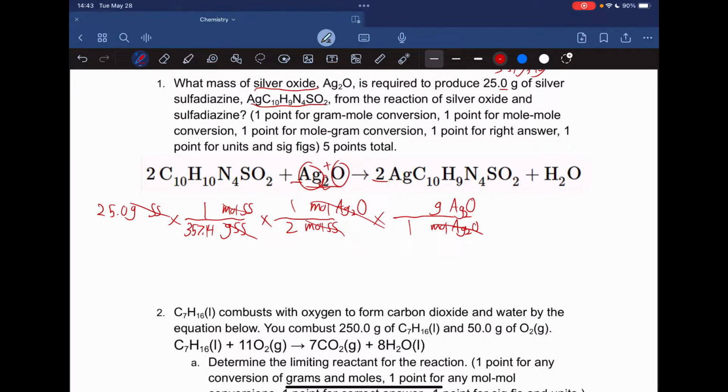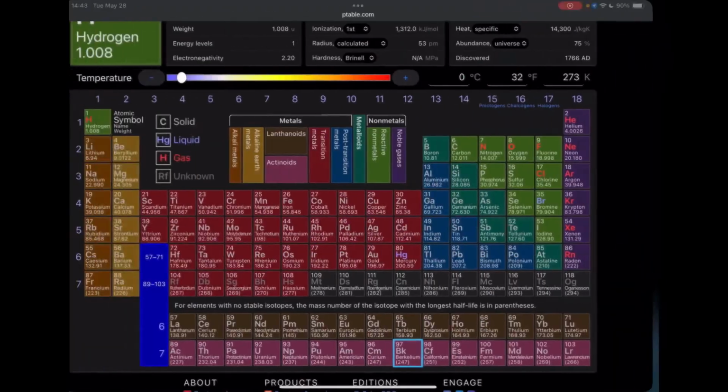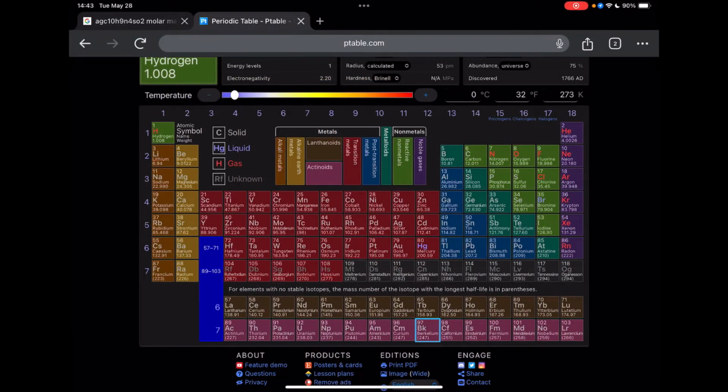So for that, we're going to need a periodic table. Here we go. Here's a periodic table. We need to know the molar mass of silver. So let's see, silver is right here on the periodic table, 107.87, and oxygen is 15.999.